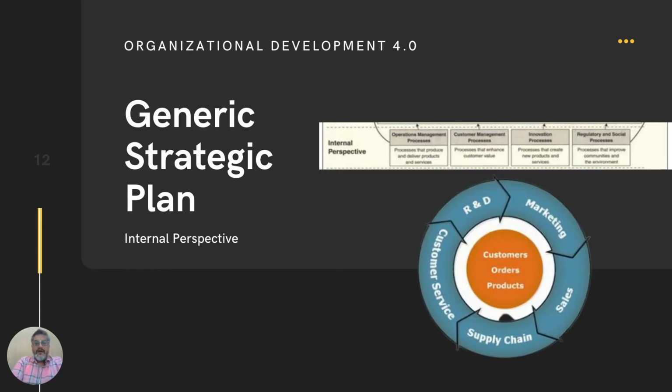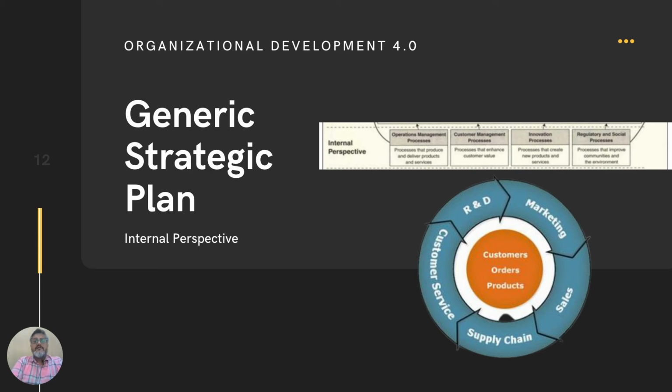So now, internal perspective. In the internal perspective, a process is a specific group of activities that is of value. Any process must be able to be tracked as well, using cost, time, output quality, or satisfaction measurements. When we talk about the different processes, the first kind is operations management processes.